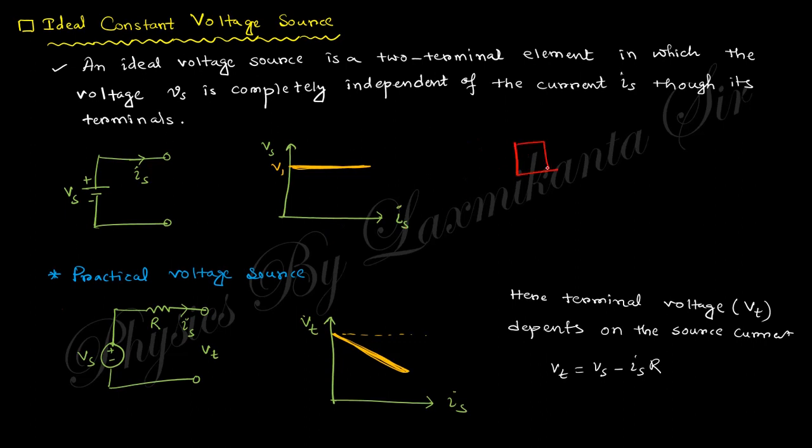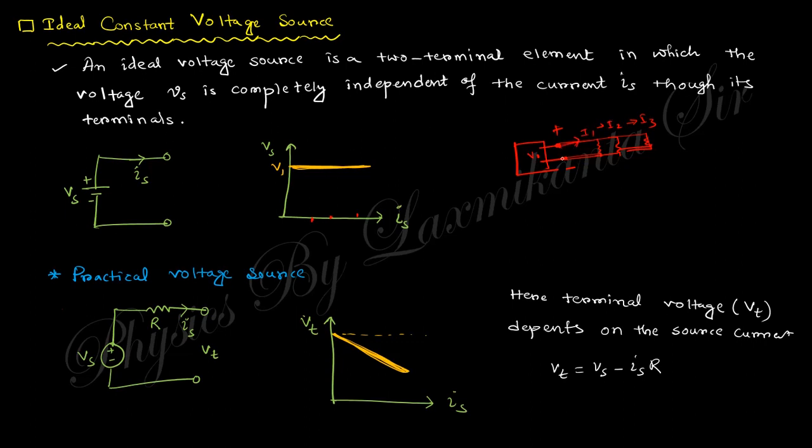This voltage source has two terminals, plus and minus. If you add one load, some current I1 flows. If you add two loads, current I2 flows. If you add three loads, I3 flows, and so on. The current changes, but the voltage at that point stays the same for any current value flowing.